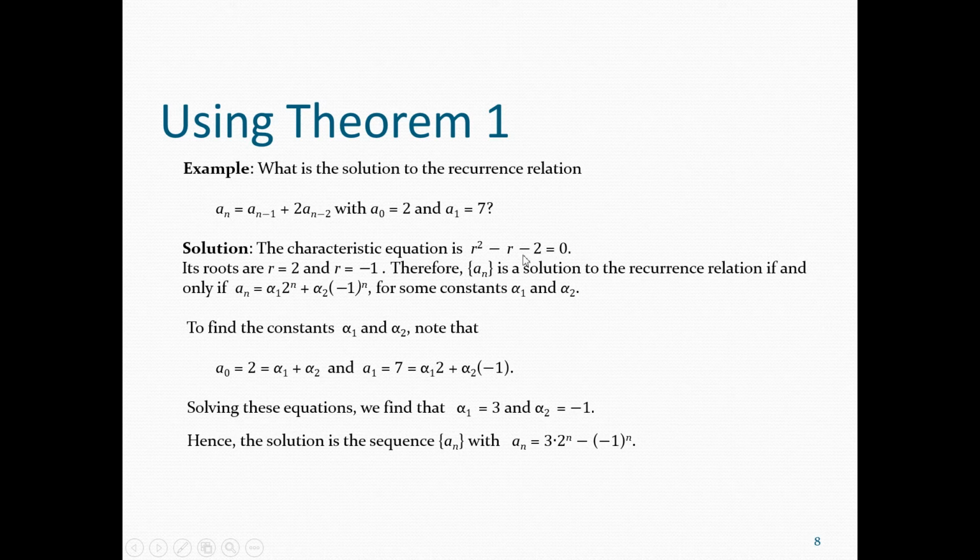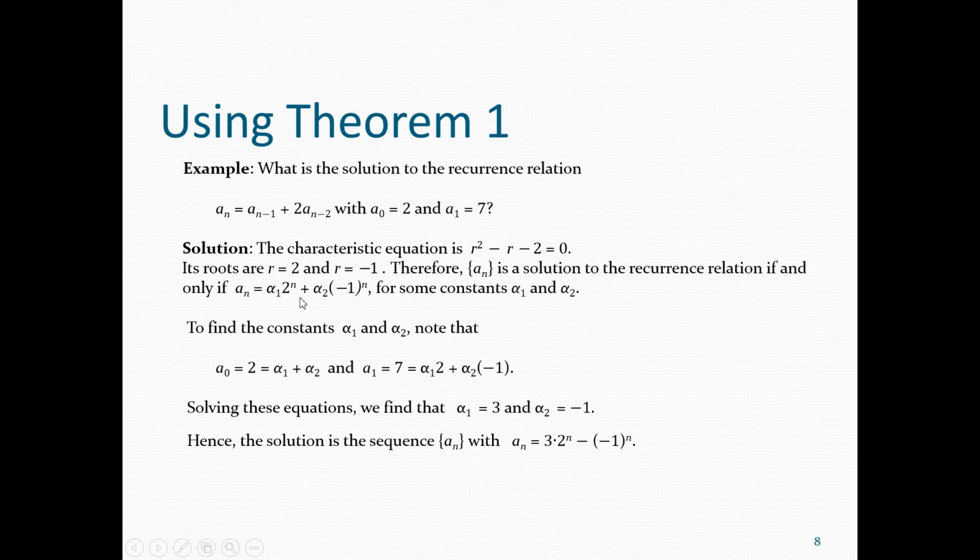So the characteristic equation is r² − r − 2 = 0. Now we need to solve this to find the roots. By solving, you can check that the roots of this equation are r = 2 and r = −1. These are distinct real roots.